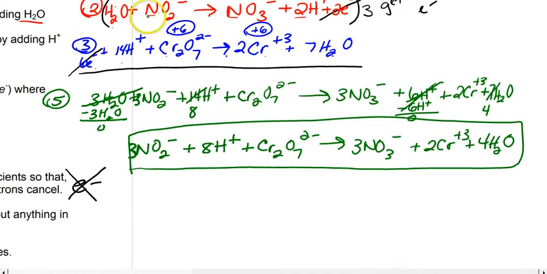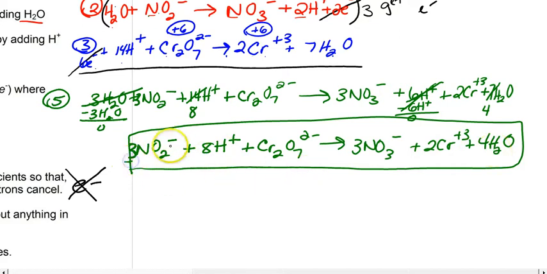So I have 3 nitrogen here, 3 here. Good on the nitrogen. Oxygen, 9 and 9, we're good there. Hydrogen, 8 and 8, we're good. So those are all taken care of. Let's look at our charges.